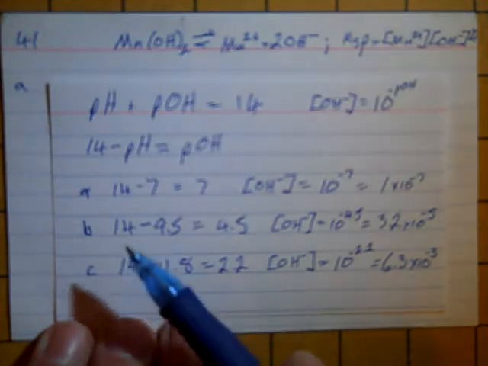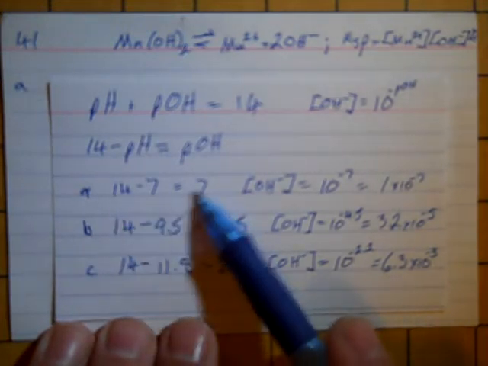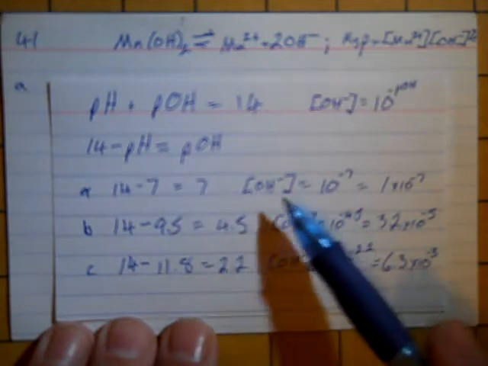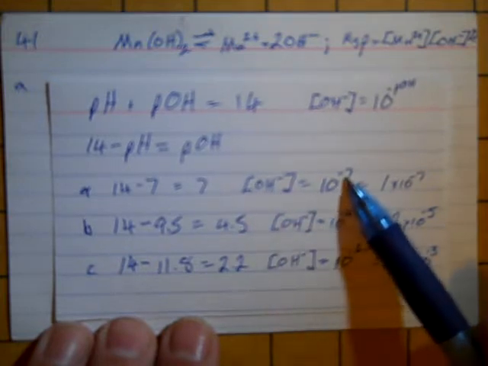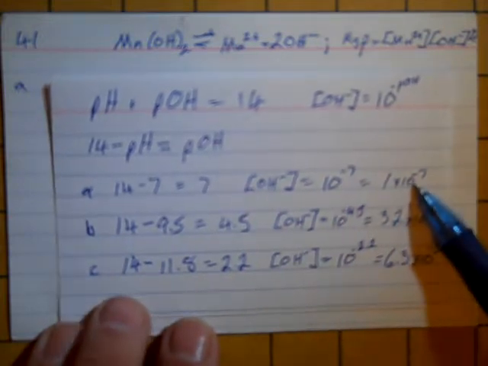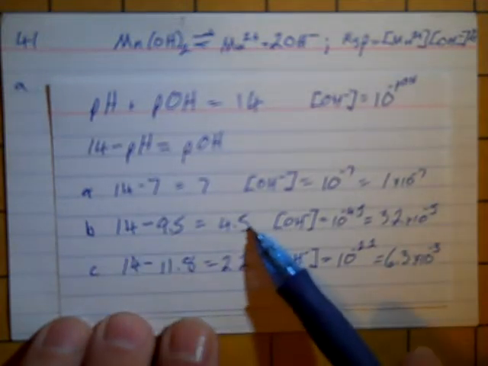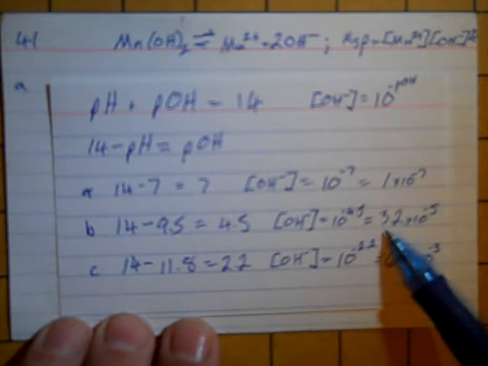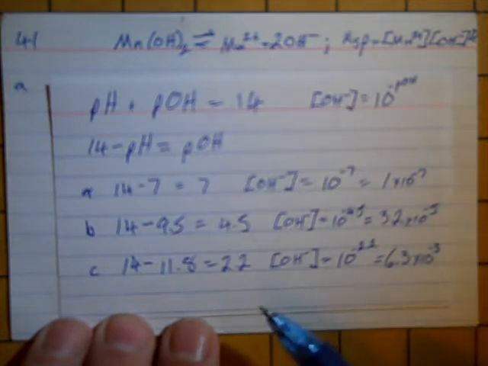So for my three conditions, A, B, and C, I can determine the pOH. Like in A it's 7, and the concentration of hydroxide, that's the common ion, is going to equal 10 to the negative 7th, or 1 times 10 to the negative 7. For B, my pOH turns out to be 4.5, and my concentration of hydroxide 3.2 times 10 to the negative 5.